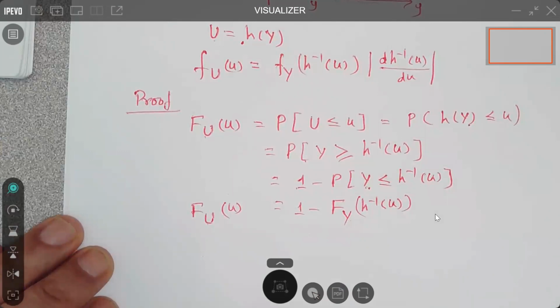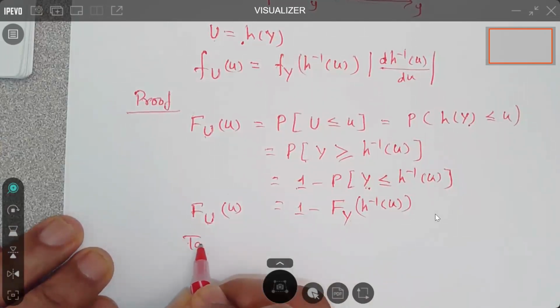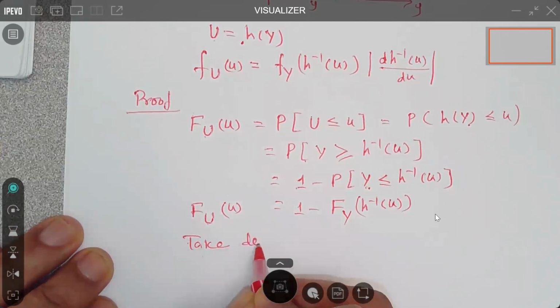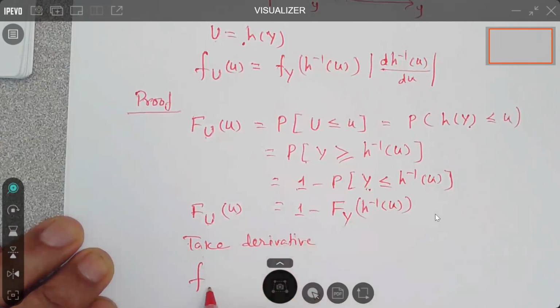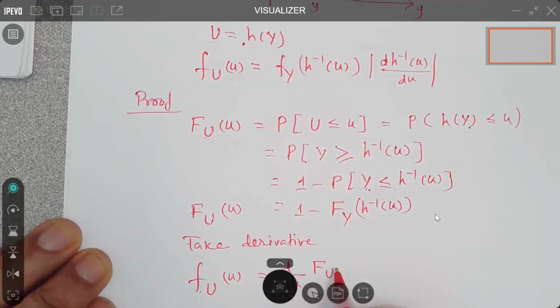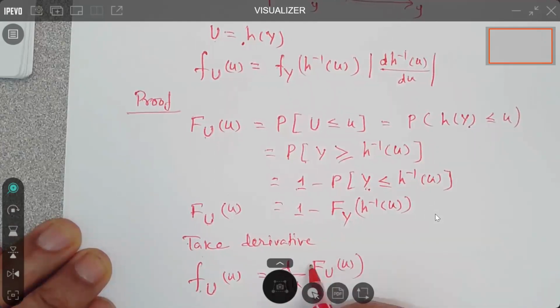So f_U(u), the density function, equals d/du of the cumulative distribution function.